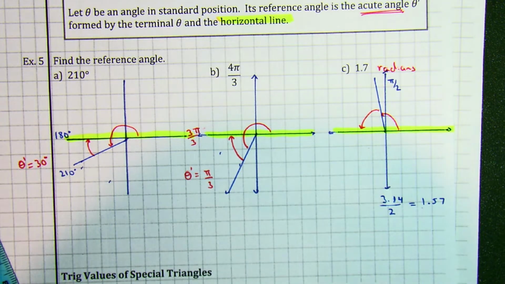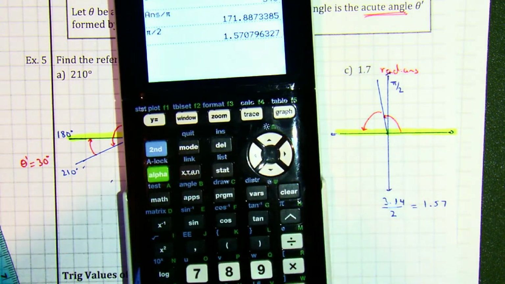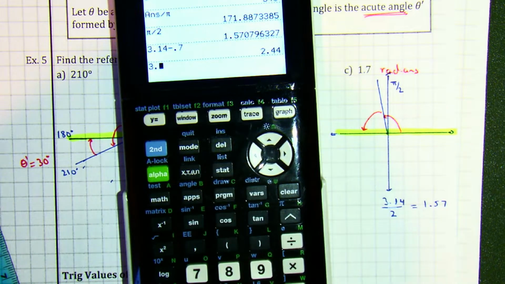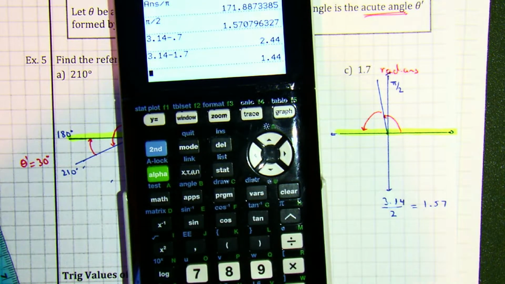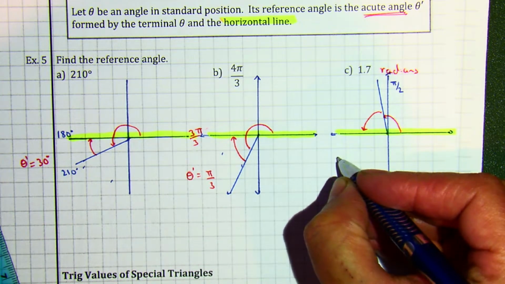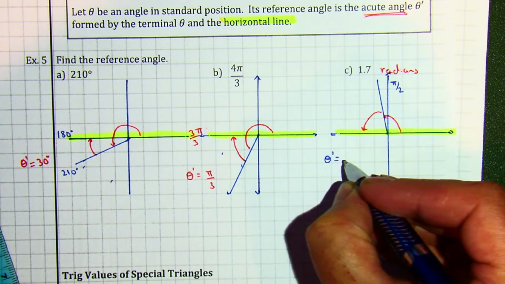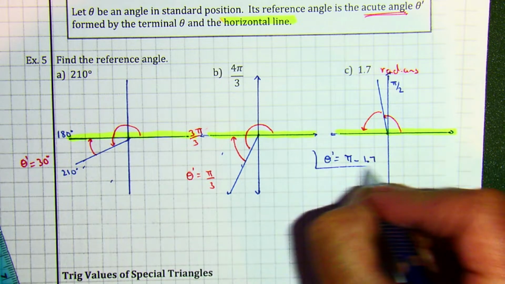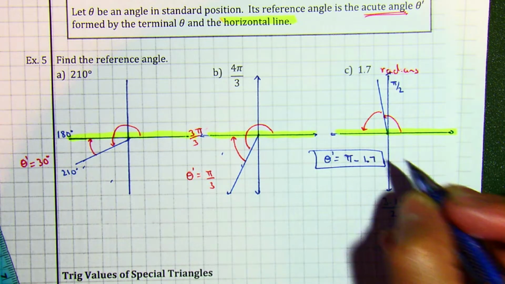You can say, well, pi is 3.14, so 3.14 minus 1.7, which is 1.44, or we can just say your reference angle is pi minus 1.7. So we actually have an exact answer.